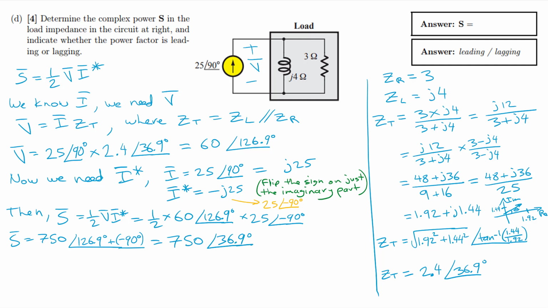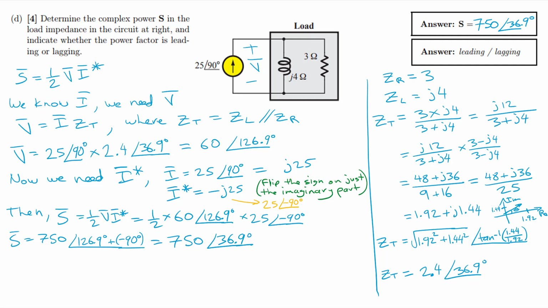Okay, so that's the representation for the complex power phasor. So it's 750, phase angle 36.9 degrees. Okay, so that's good.